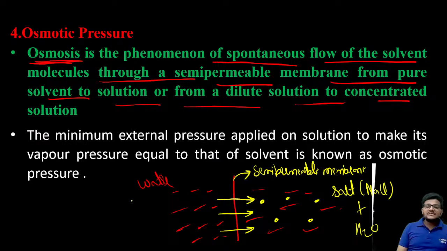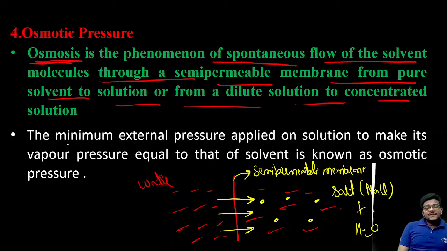This side is the dilute side, because water is in a very dilute form, and on this side there is the concentrated form, meaning there is addition of salt into the water, so it becomes concentrated as compared to normal water. So the movement of solvent from its dilute solution to the concentrated solution is known as osmosis.